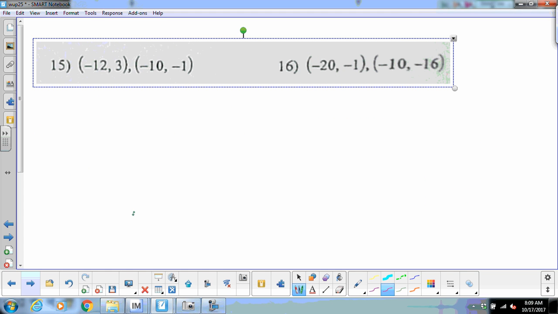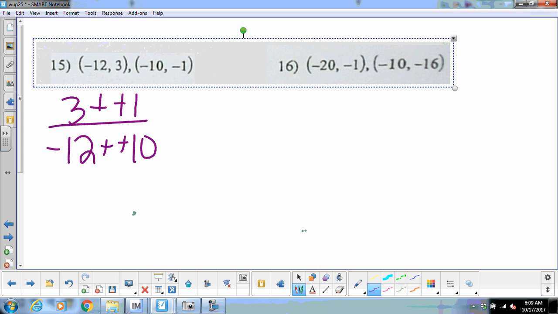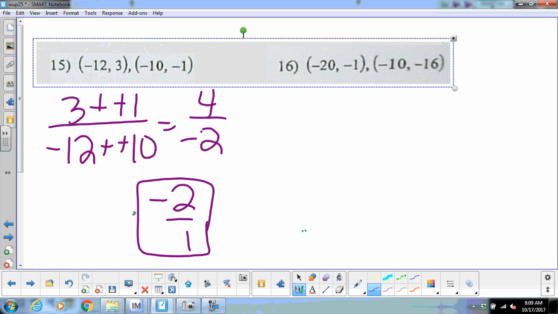All right, moving to number 15. We're going to do 3 minus negative 1 and negative 12 minus negative 10. So that's going to give me 4 over negative 2, which does reduce to negative 2 over 1. And then 16 is the last problem I'm going to work out on this worksheet.